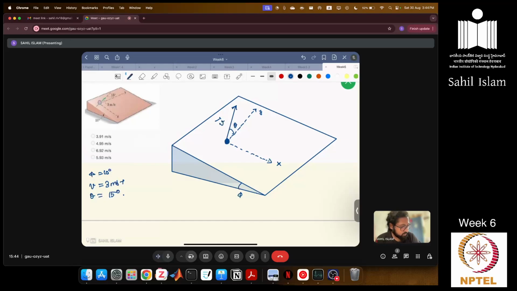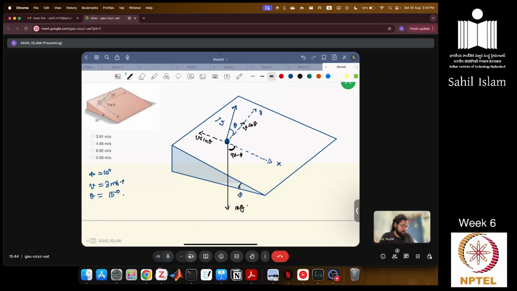So this velocity has a component in this direction, which is v cos theta, and in this direction v sin theta. And we also have gravity acting like this, mg. Now for this gravity, this angle will be 90 minus phi because of the inclination. So you can prove it by drawing this.